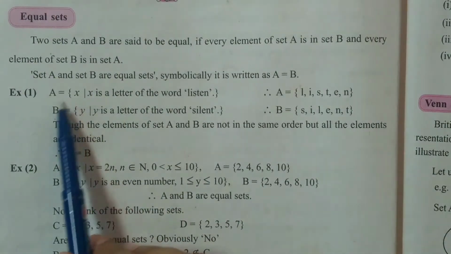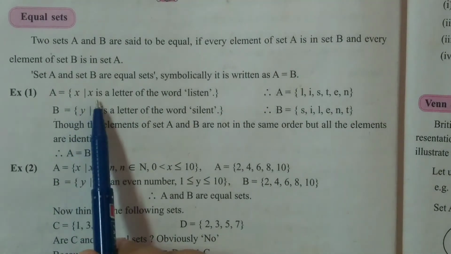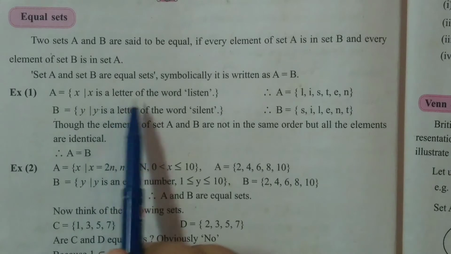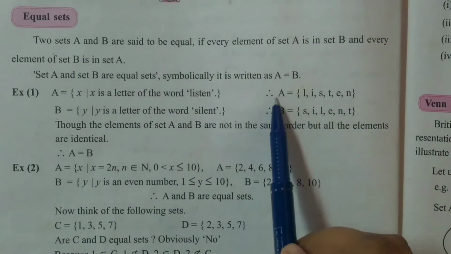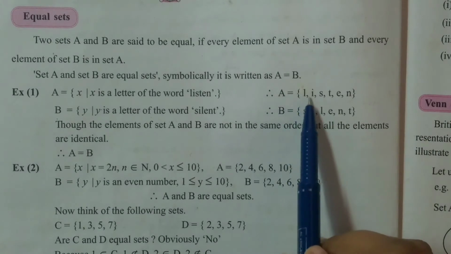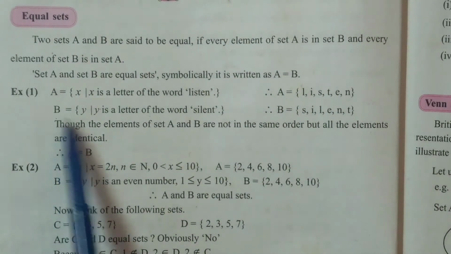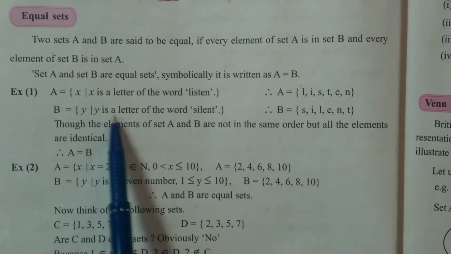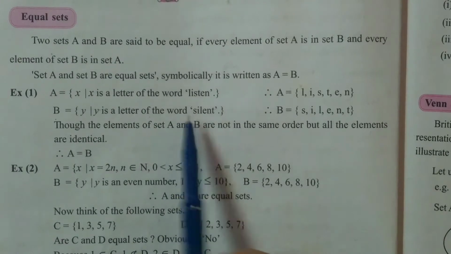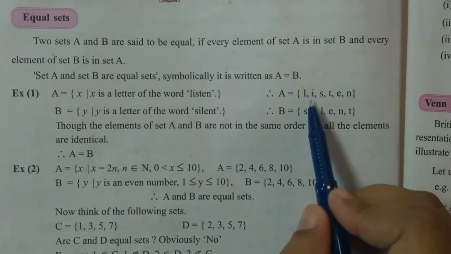See, for example, A is a set of all x where x is a letter of the word LISTEN. So, by the listing method, A is equal to {L, I, S, T, E, N}. B is a set of all y such that y is a letter of the word SILENT.